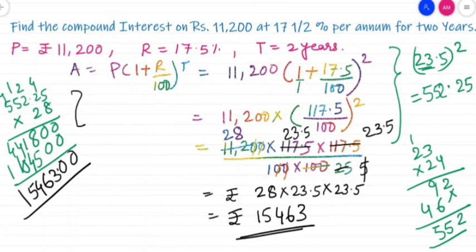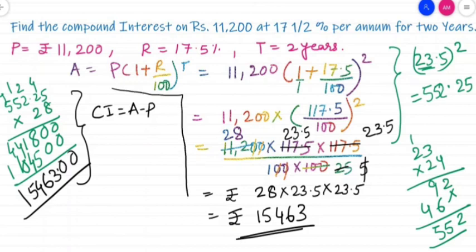Now how will you find out the compound interest? Compound interest will be equal to A minus P. So what is your amount? 15,463. What is your principal amount? 11,200.